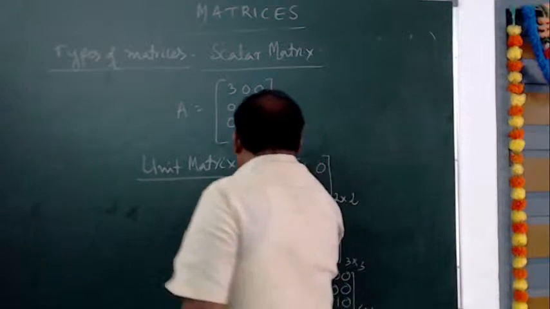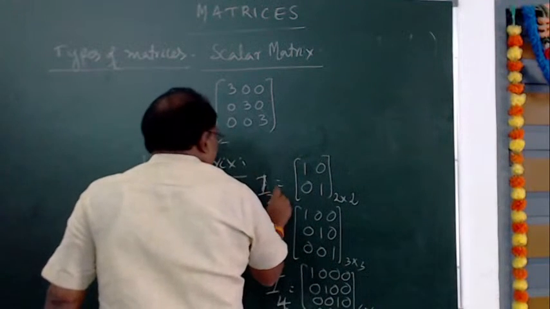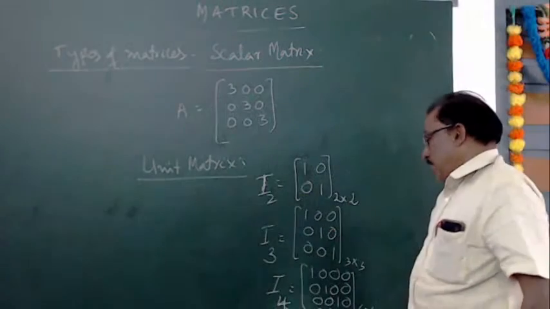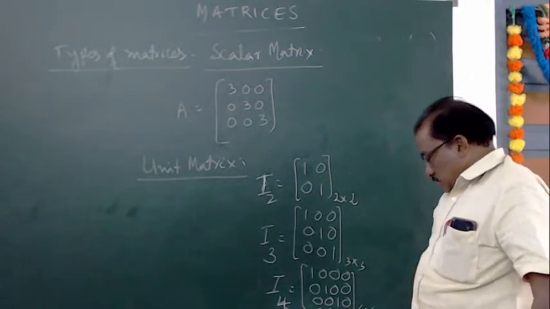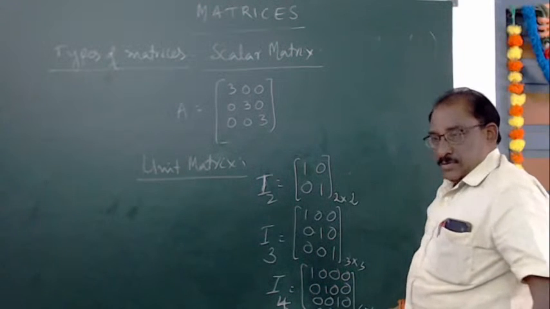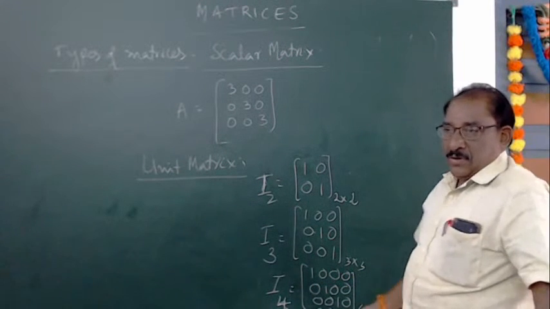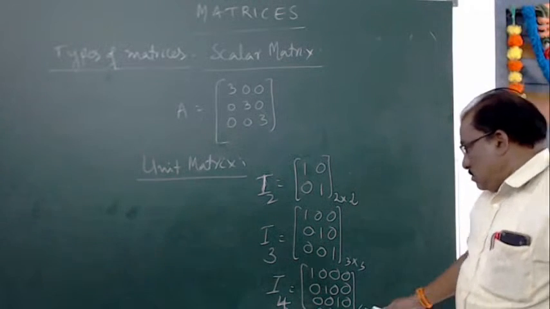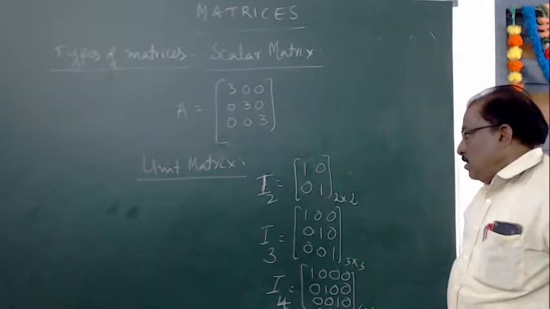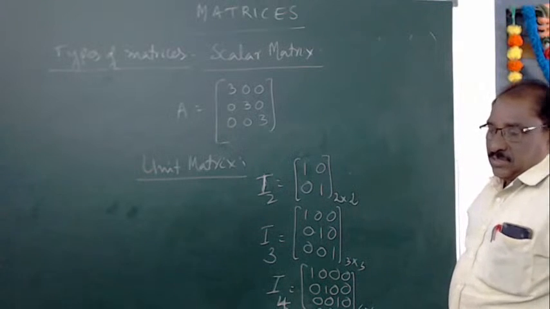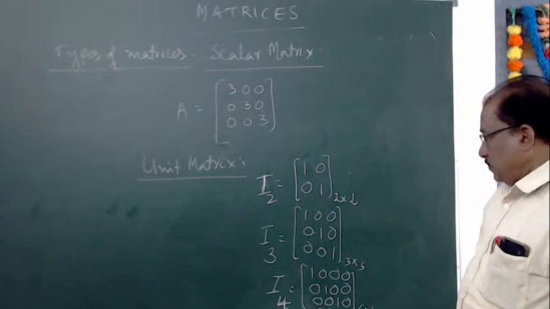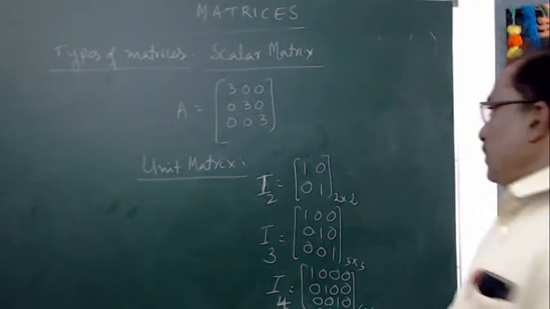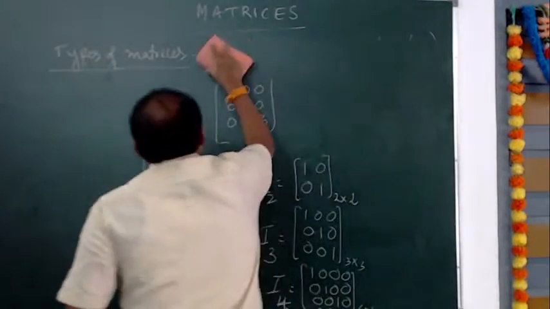Here I2 means a 2 by 2 square matrix, I3 a 3 by 3 square matrix, I4 a 4 by 4 square matrix. If the principal diagonal elements are 1, then it is called the unit matrix.